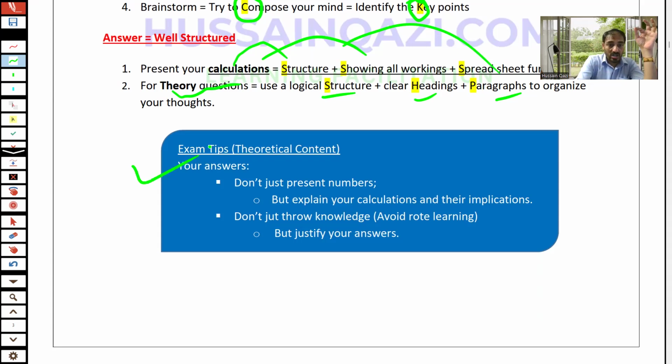For calculation answers, don't just present numbers, but explain your calculations and their implications. Don't just throw knowledge, avoid rote learning. Justify your answer. Justify means application. Don't worry, I will apply all these things here.